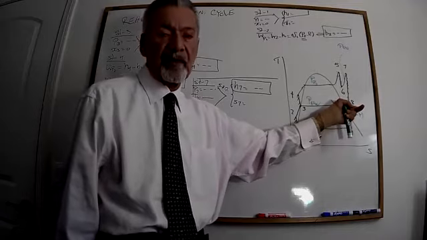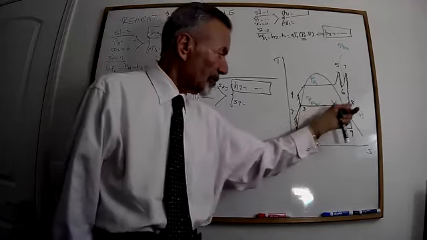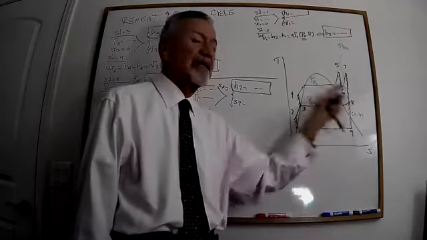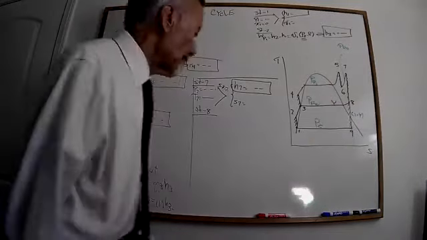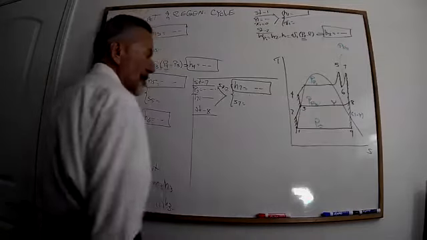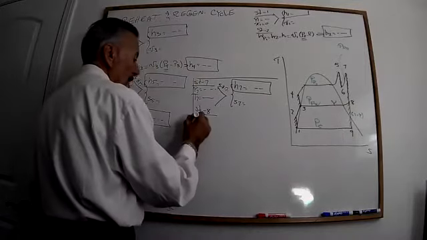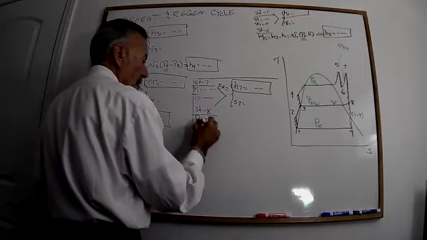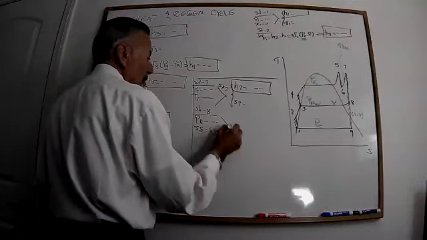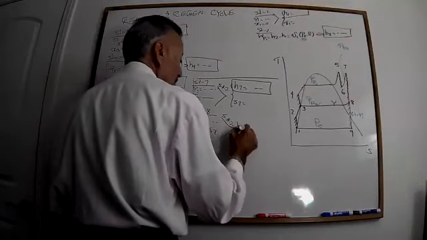That is the wrong way of doing it. So once you know that that is in the superheated, look at the superheated table, find the value of H8. So assuming that pressure is high enough to put that point in the superheated, we have P8 and S8 being equal to S7. Once again, superheated table. Now you find H8.